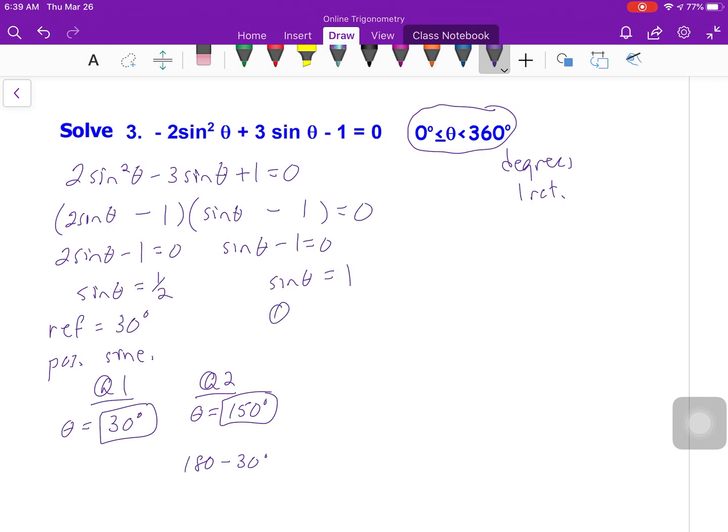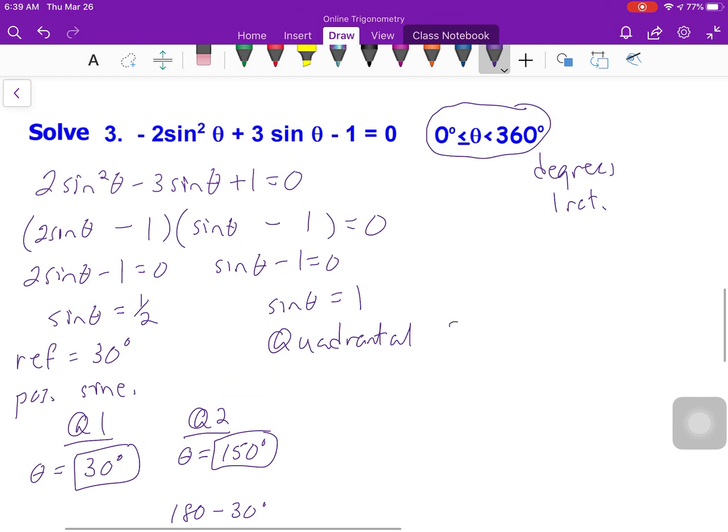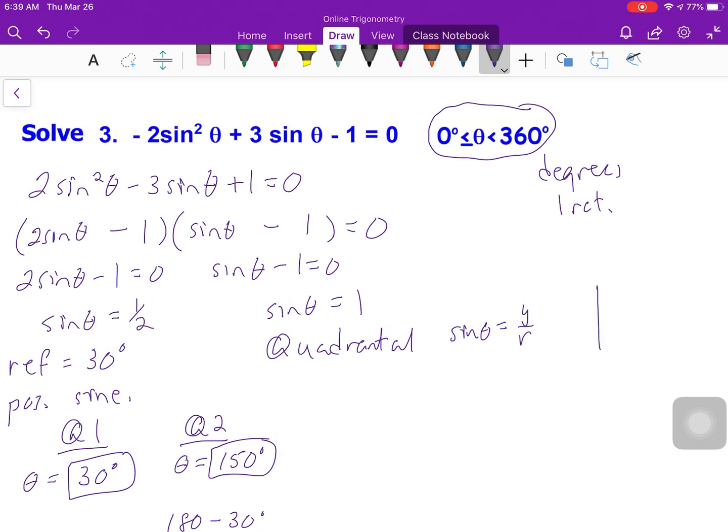Sine theta equals 1. That one's going to be quadrantal. And since sine is equal to y over r, we're looking for the place on the unit circle where the y is 1.